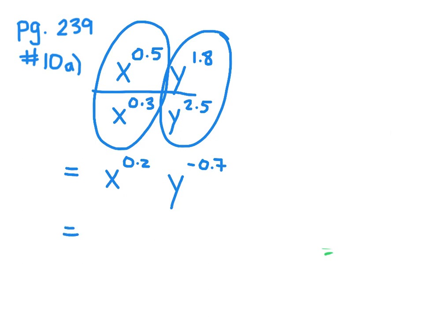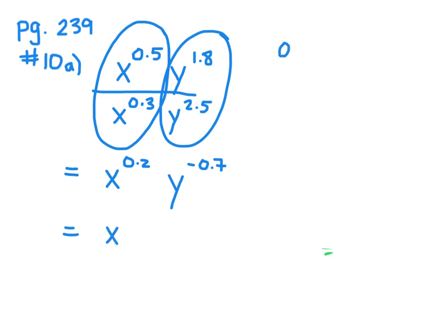Is this acceptable? Yes, it is acceptable. But you have to understand that no matter what, the final answer cannot be written with decimals. So you're going to have to convert the decimals regardless. Maybe this is easier for you so that you don't have to subtract fractions. So, of course, x to the power 0.2.